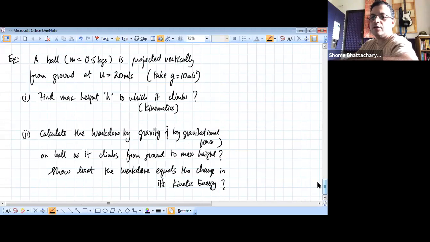Aman, just check your calculation for the work done part once. Mg will be 5 newtons, not 10 newtons. It's 0.5 kg, no? The force will be 5 newtons. The gravitational force acting on it is 5 newtons downwards.